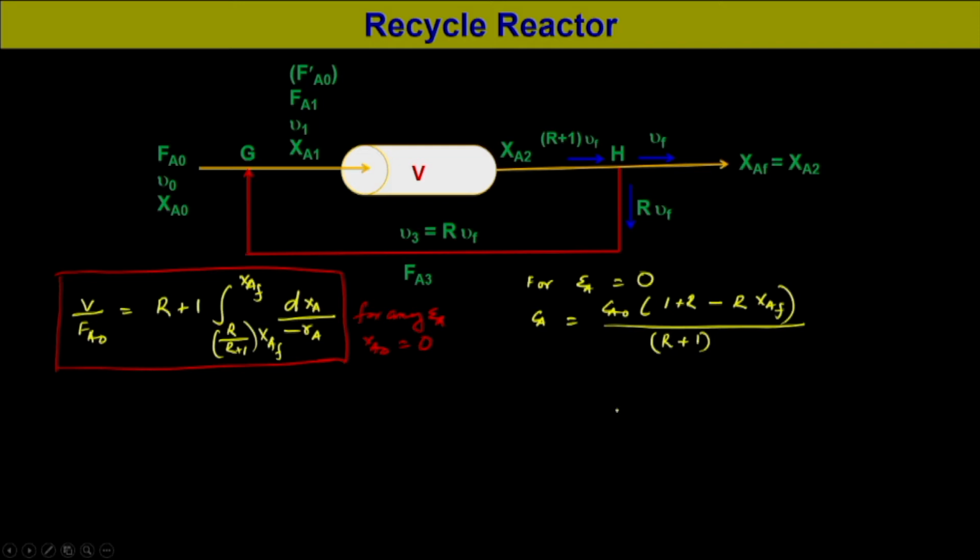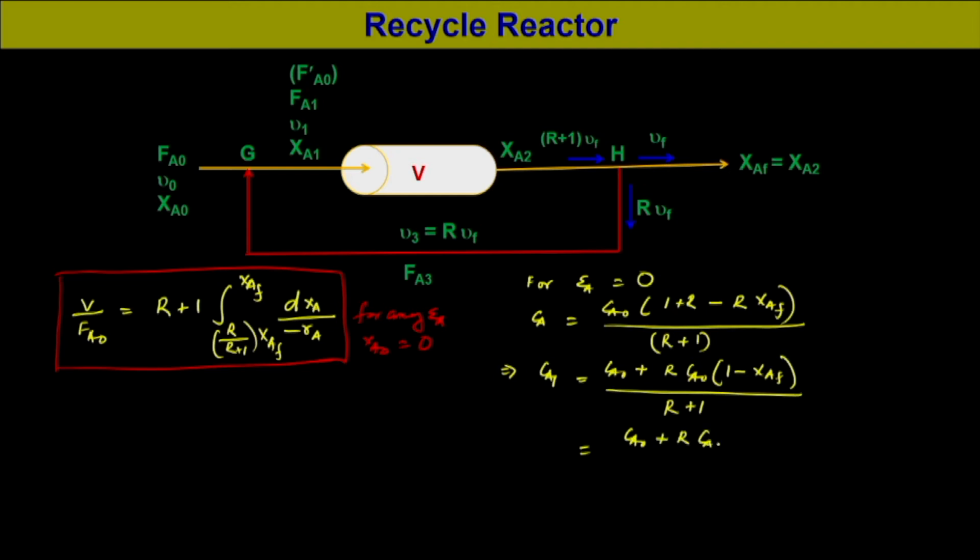So, for epsilon A 0, CA1 would be equal to CA naught plus R CA naught into 1 minus XAF divided by R plus 1, which is equal to CA naught plus R CAF divided by R plus 1.